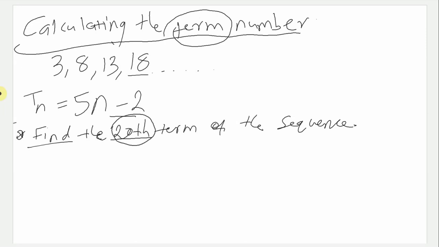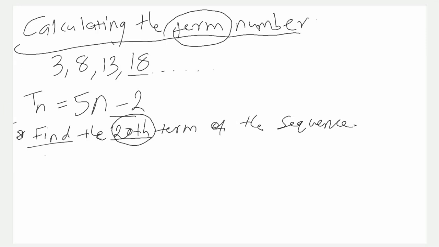I'm not addressing this topic yet. I'm still trying to give you 4 other ways to use this formula. So this is the question that follows after you have found the formula of the sequence.